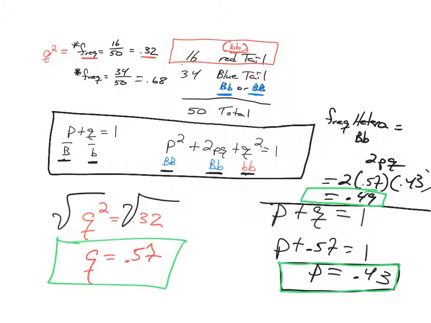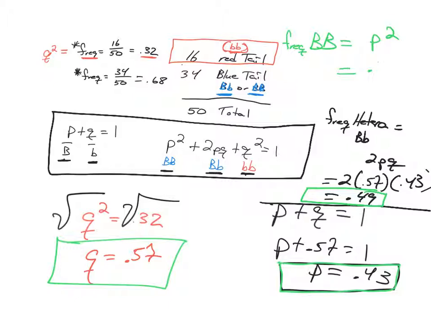Kind of a trick question, but... Oh, I'm reading the wrong question, I'm sorry, that's fine. What is the frequency of the birds homozygous for the blue allele? So big B. What do I do? P squared. Big B frequency equals P squared.